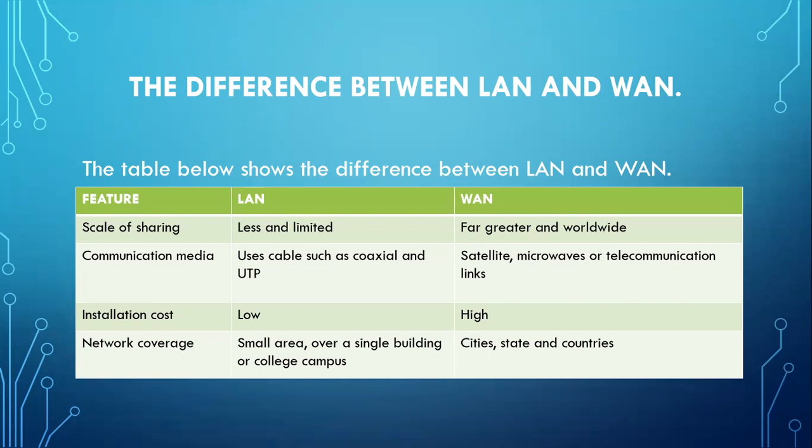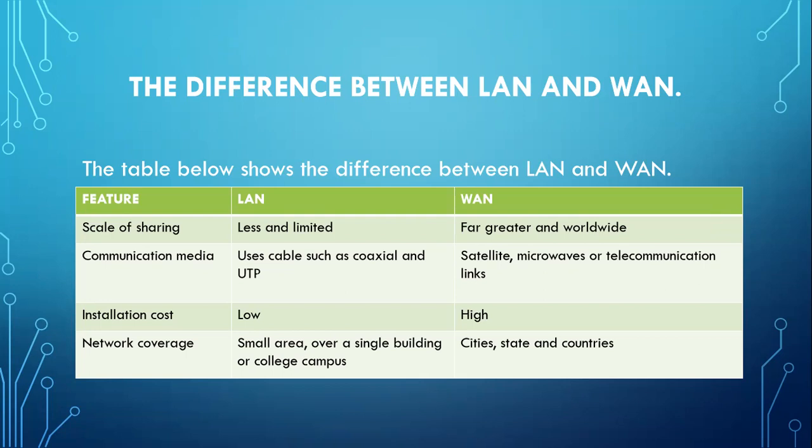The other feature that differentiates these two is the installation cost. In terms of installation cost, the local area network costs very little compared to the wide area network, which has a very high installation cost. And the other feature is network coverage.